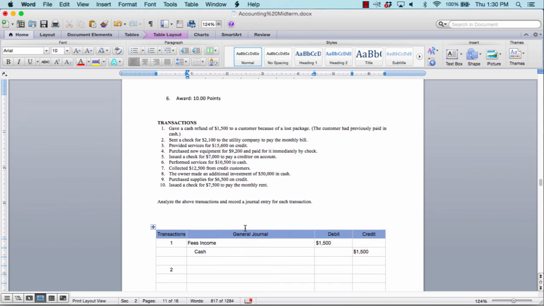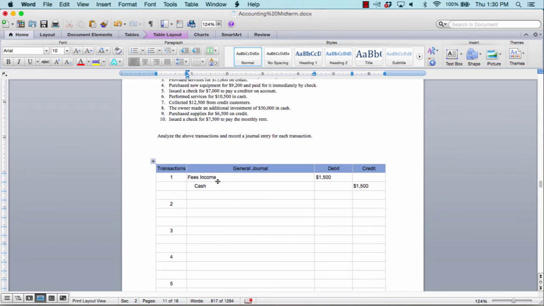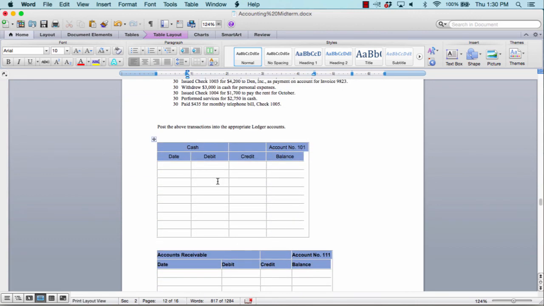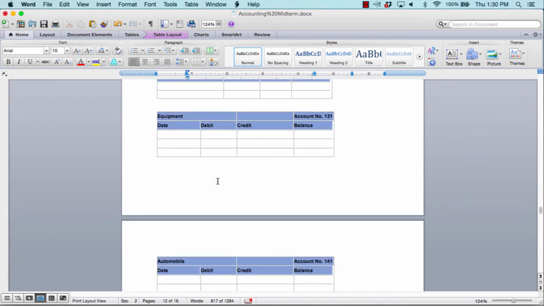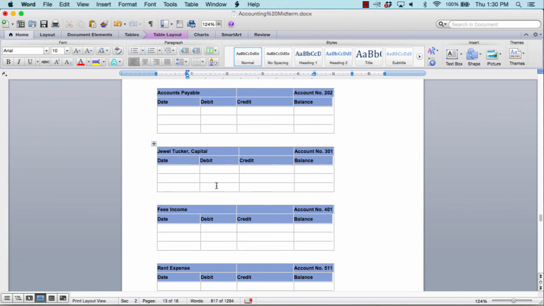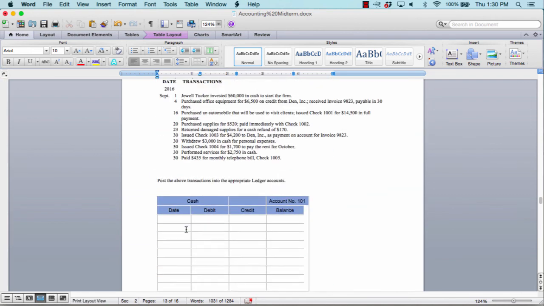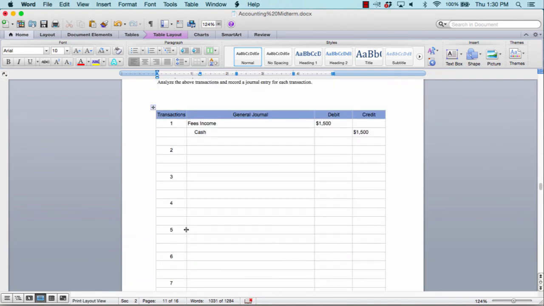Okay, so you're going to go, this is fees income, so there should be a category over here for fees income. Right here, fees income. And if you notice back on the top, what was our fees income?